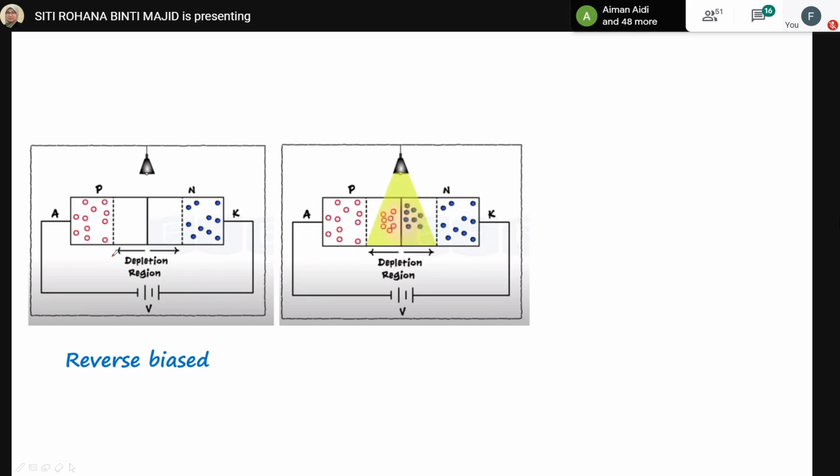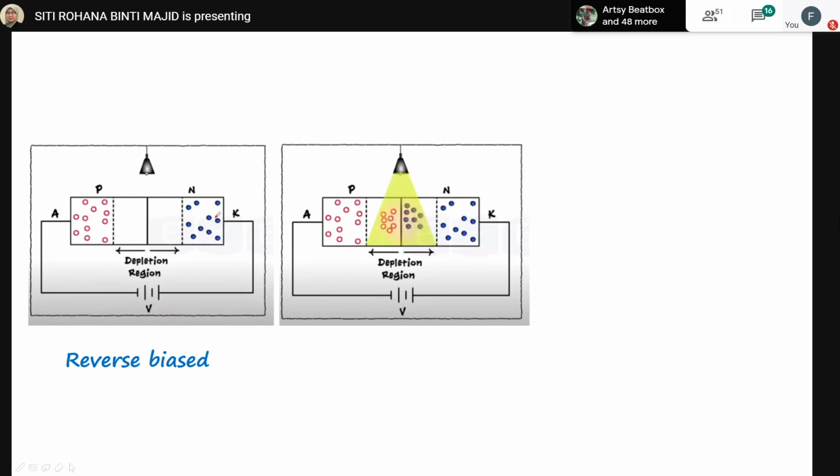The positive terminal is attached to N, and N has a lot of electrons. I think you should know what will happen, because they have opposite charge with the power supply, and the majority carriers in P and N move away. So the depletion region will be wider.